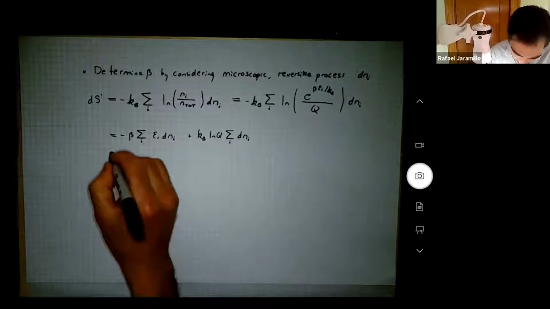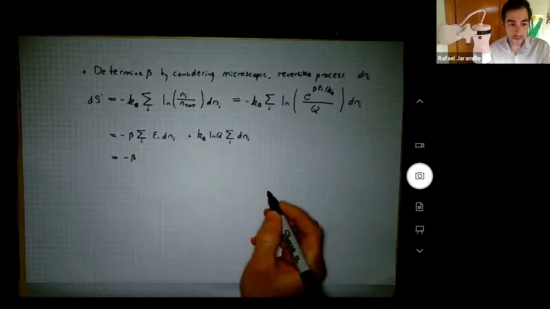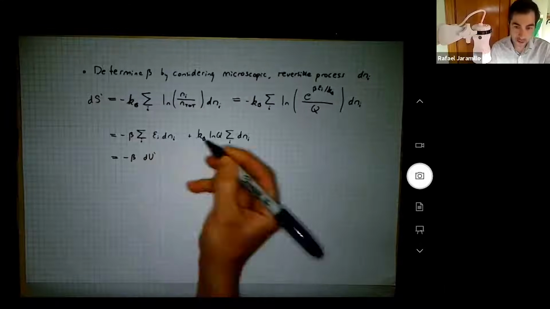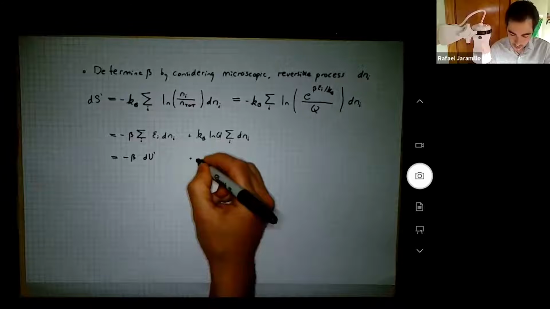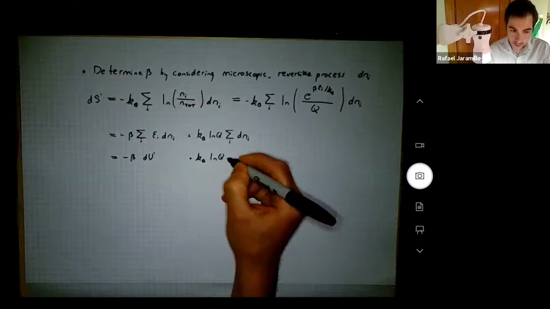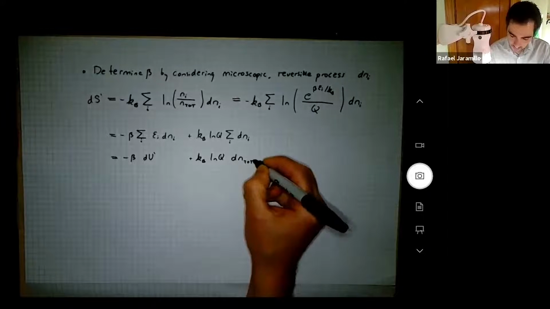And taking our definitions, this equals minus beta dU plus k_B log of Q dn total.